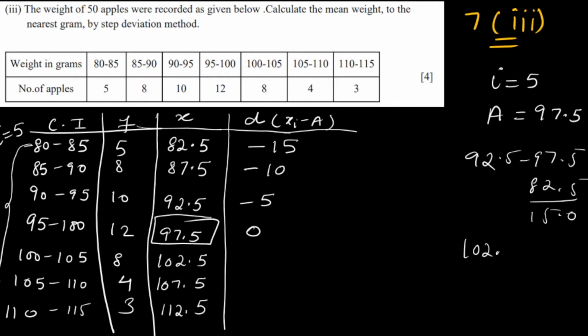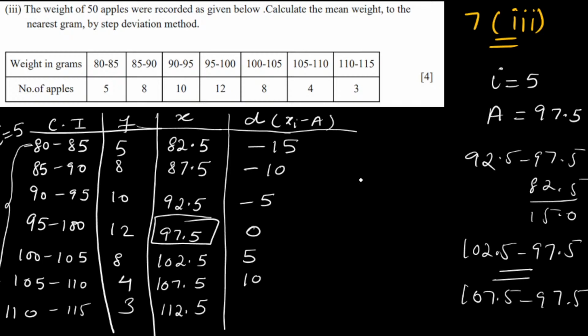Now 102.5 minus 97.5 is equal to 5. Then 107.5 minus 97.5 is equal to 10. And 112.5 minus 97.5 is equal to 15.